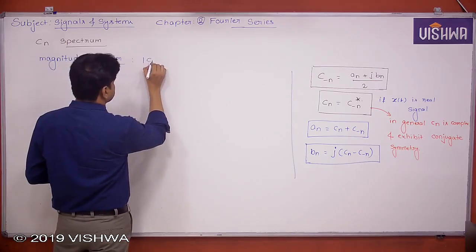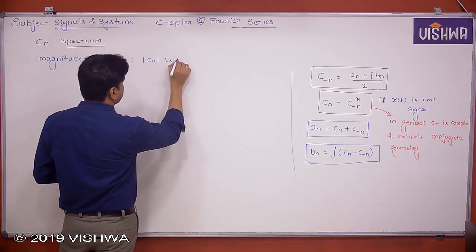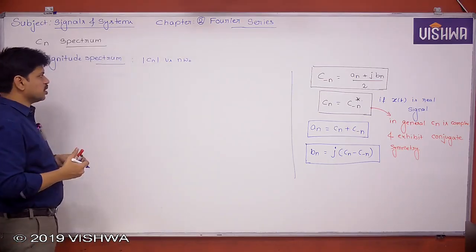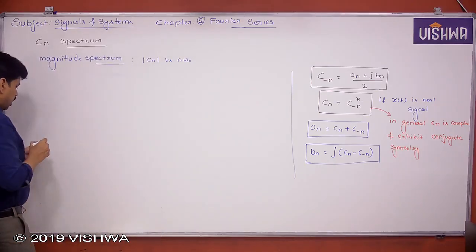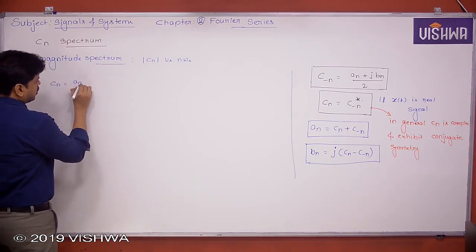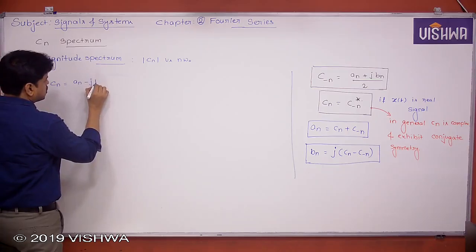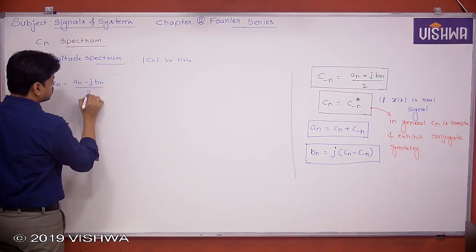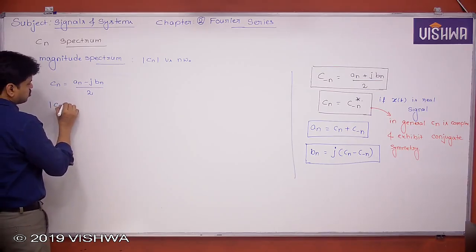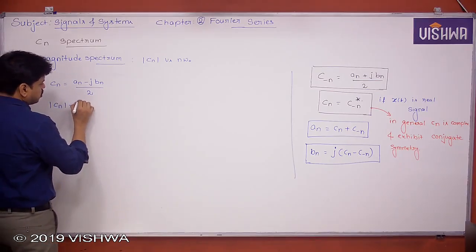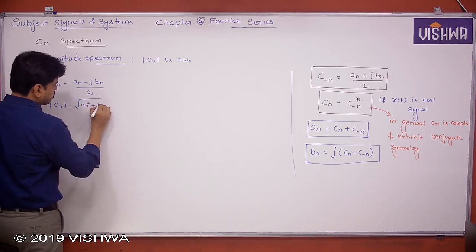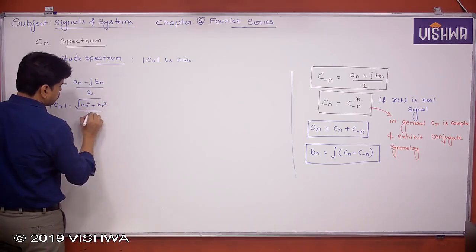So this is what we have to examine. We already know Cn is an minus jbn by 2. If this is the case, what is mod Cn? That is root of an square plus bn square, by 2.